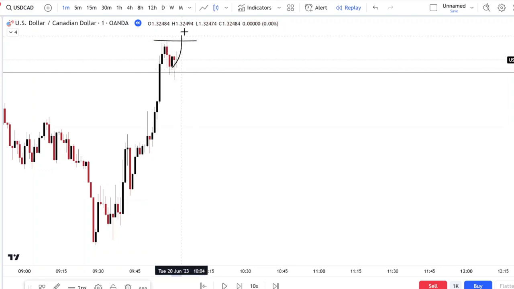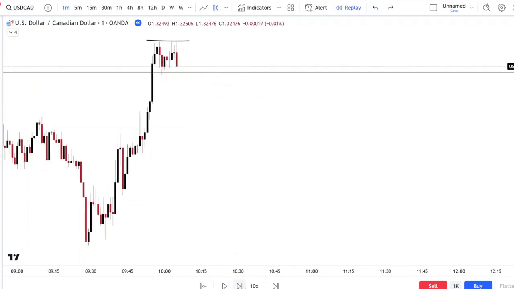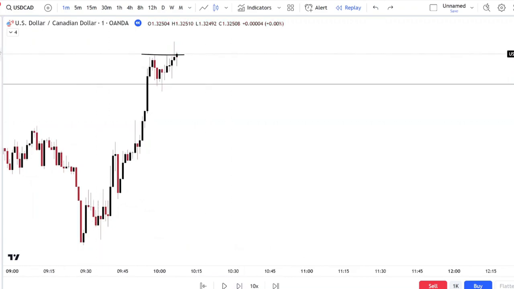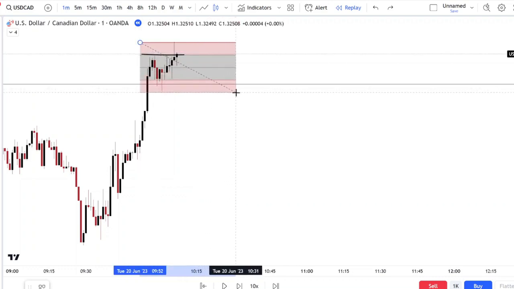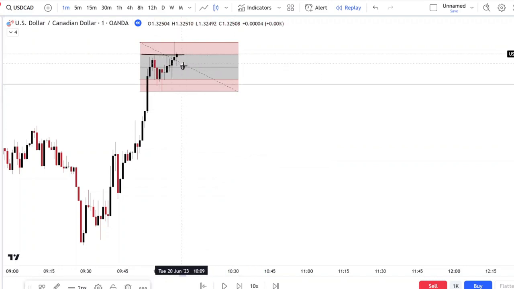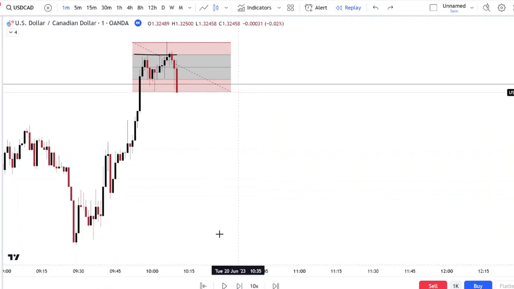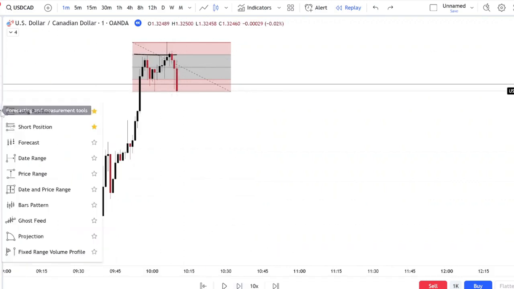Take out this swing, come back into the range, take advantage of the ride down. And of course, our entry would be the 50%. That's your TP. This will be your 1 to 1.